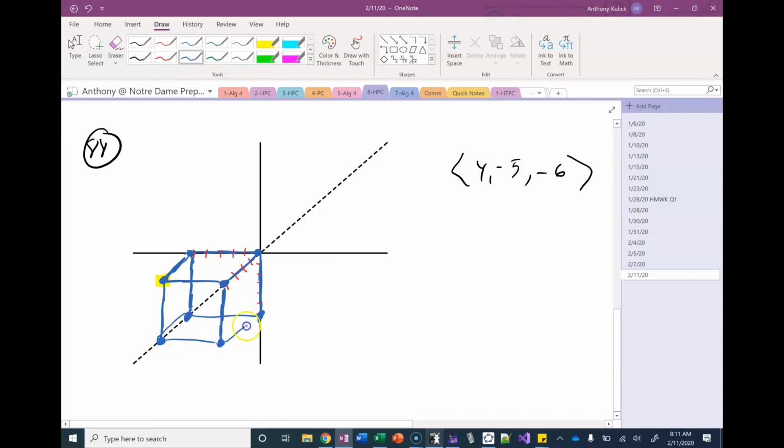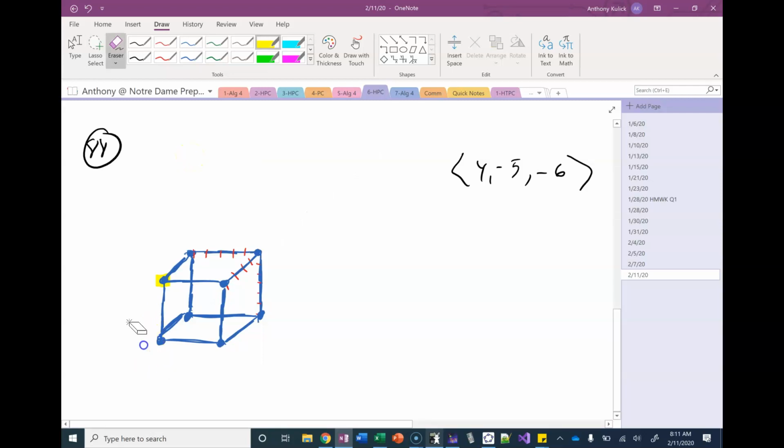And then I'm just going to connect those to make the rest of my box. So the point that I care about in 3 dimensions is the one that's connected to the point I cared about in 2 dimensions. So there's my point right there.